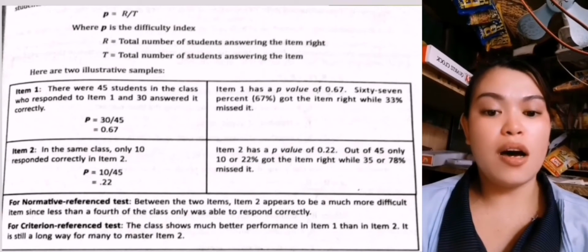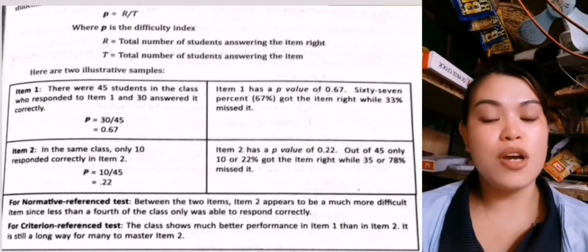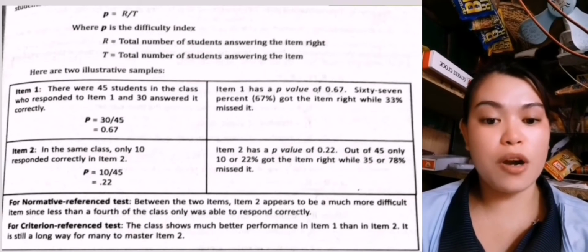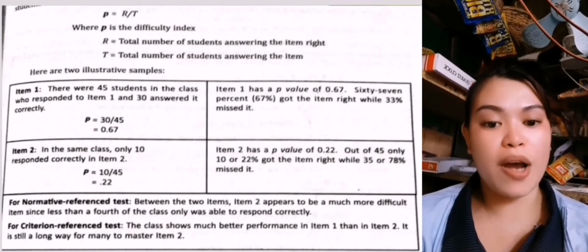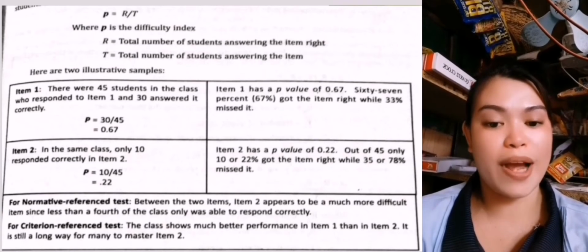So we have here two illustrative samples. In item 1, there were 45 students in the class who responded to item 1 and 30 answered it correctly.